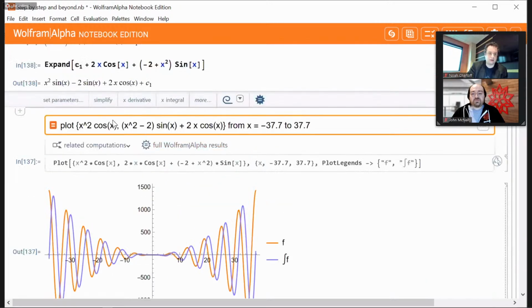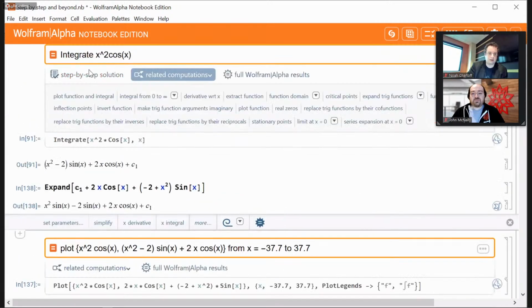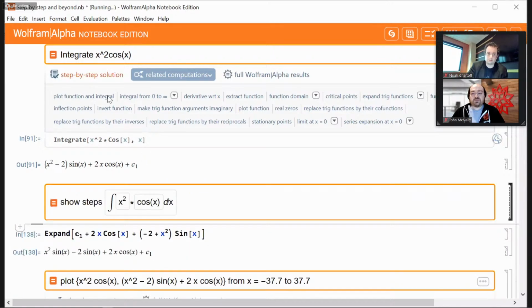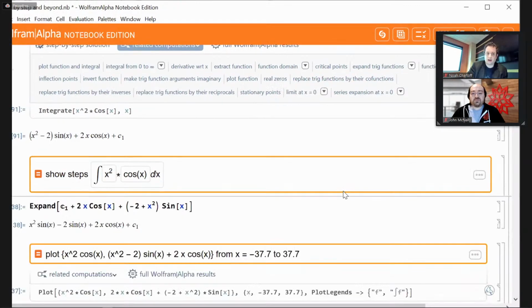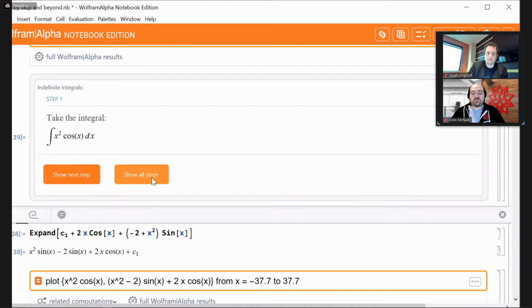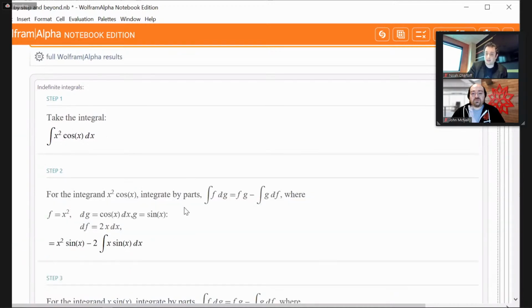If I click on, back at the beginning, step-by-step solution for this integral, I'm not just going to see the answer, but rather I'm going to see an explanation of steps you could take to get there.